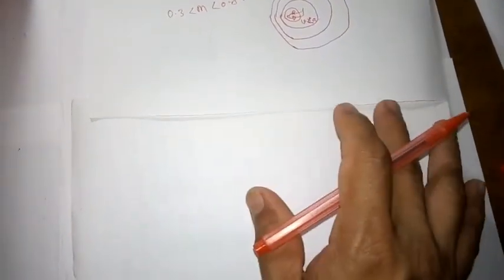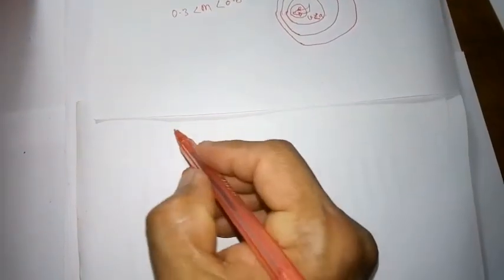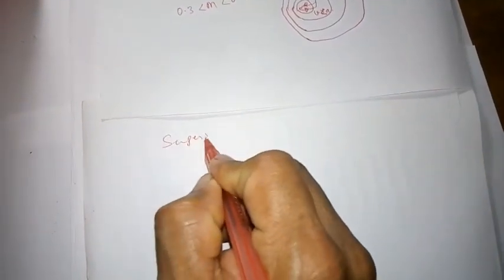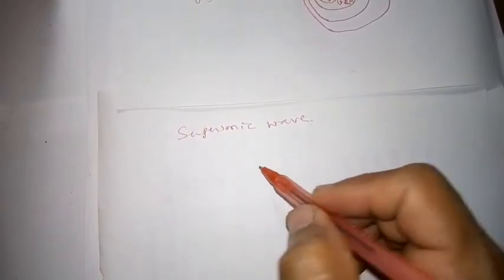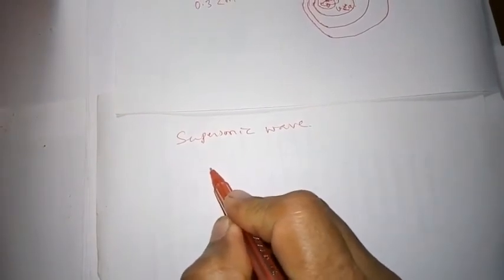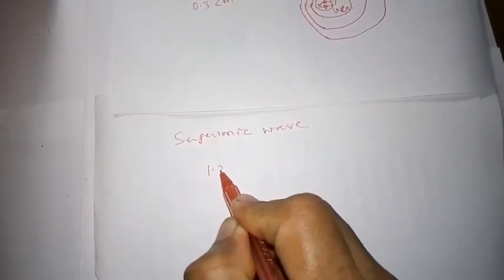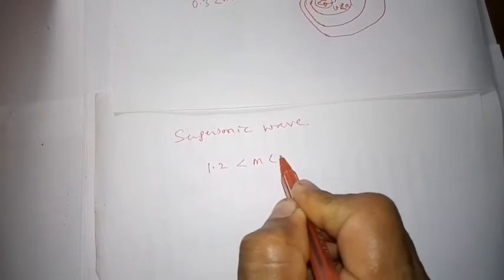Okay. Next, let us see another classification, that is known as supersonic wave. For a supersonic wave, the Mach number is between 1.2 to 5 Mach.